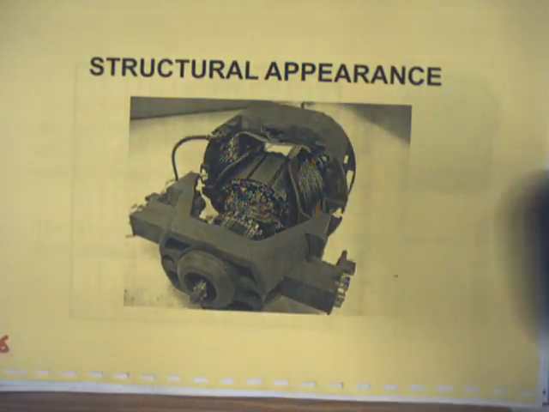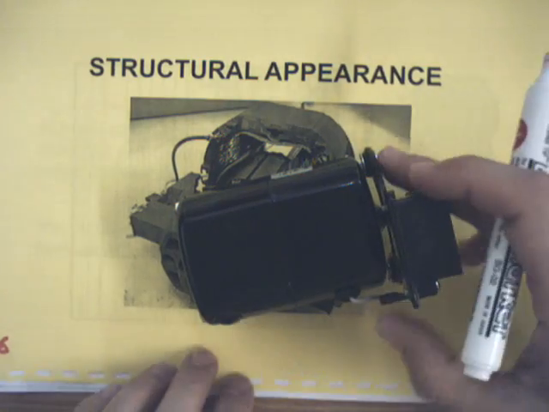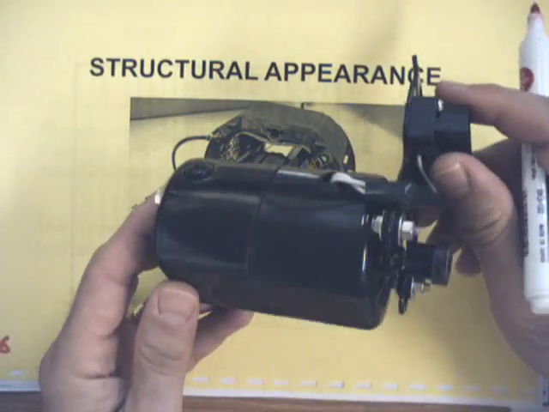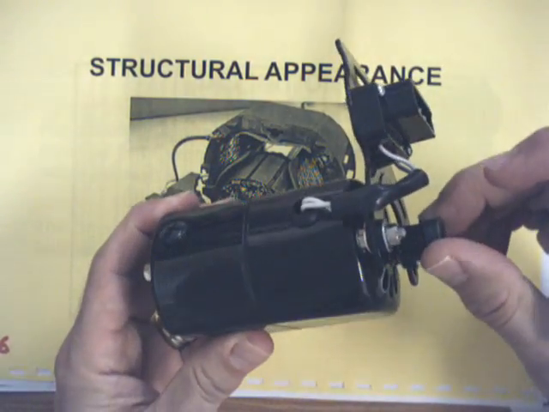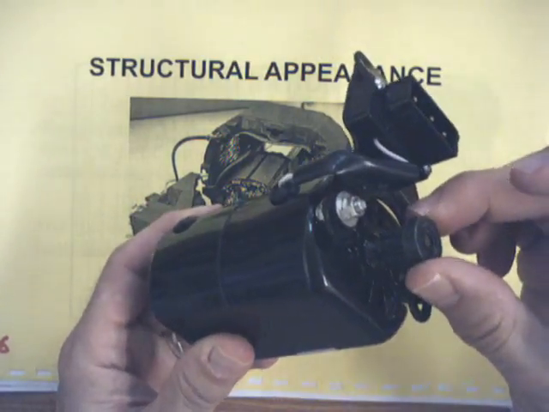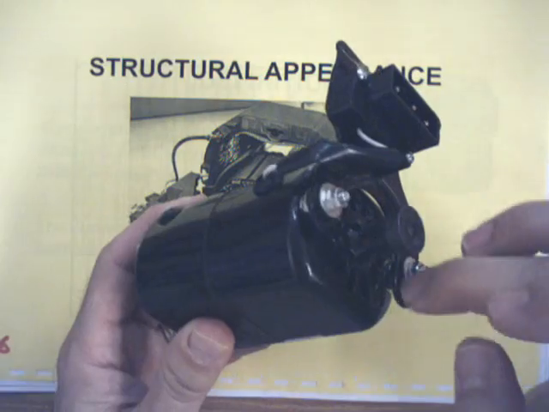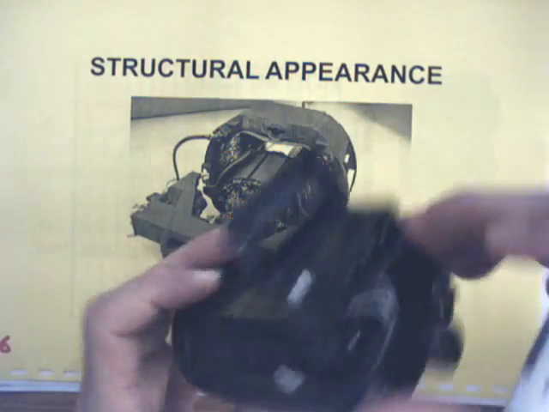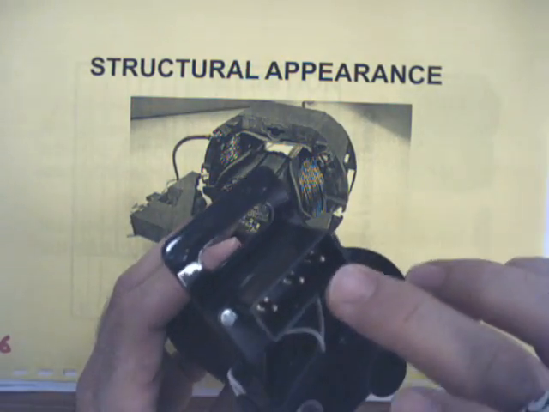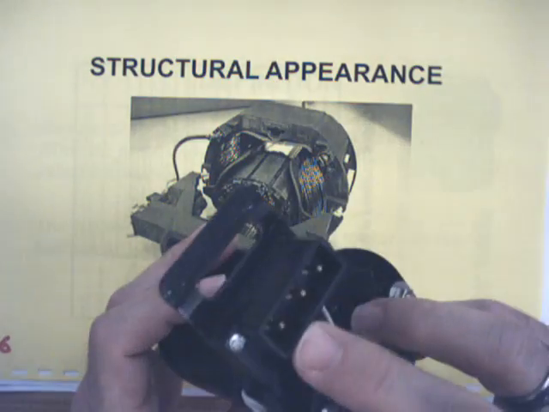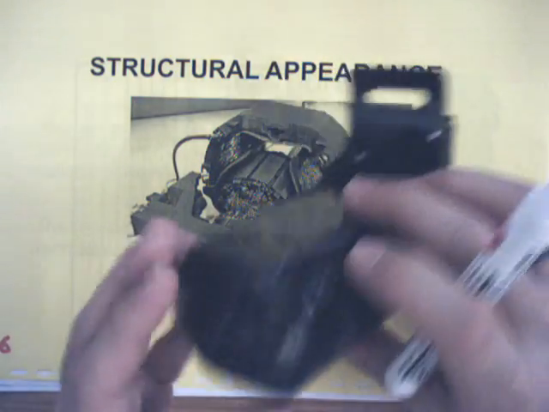Now what's inside this motor? This is a universal motor with rotating shaft and some connections, electrical input, and ground, of course, one of them.